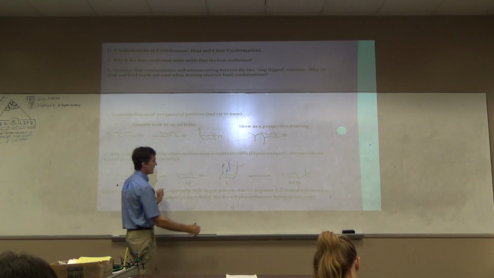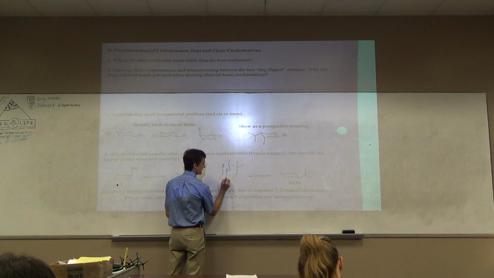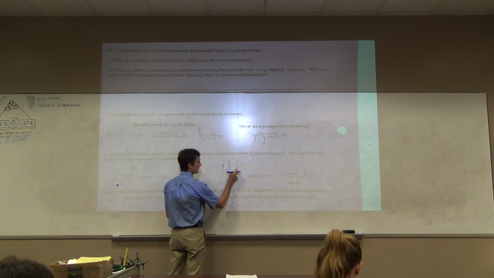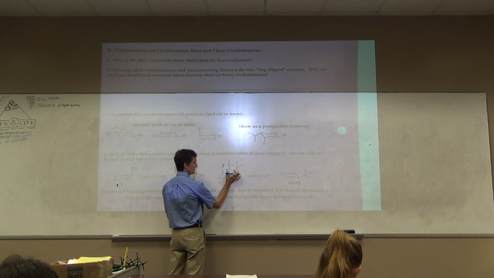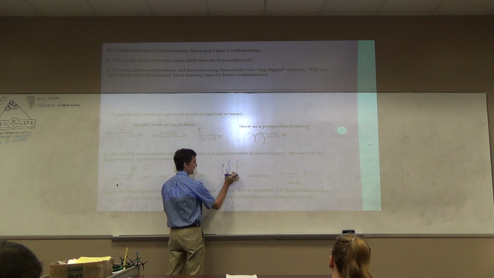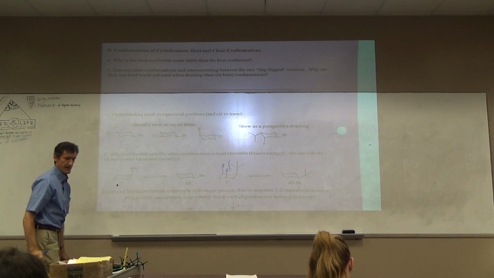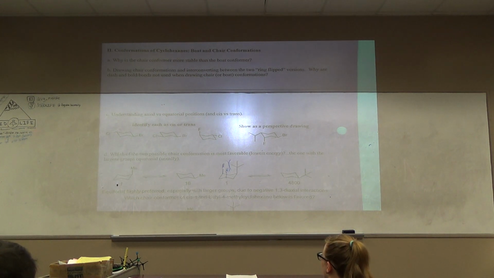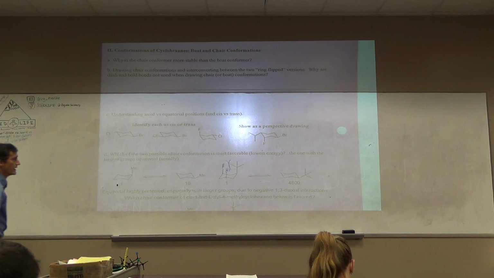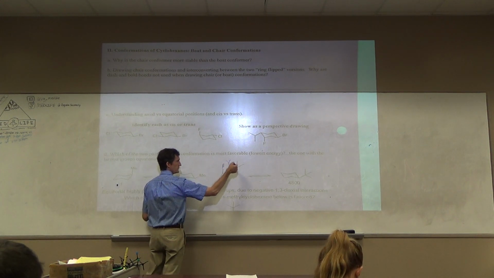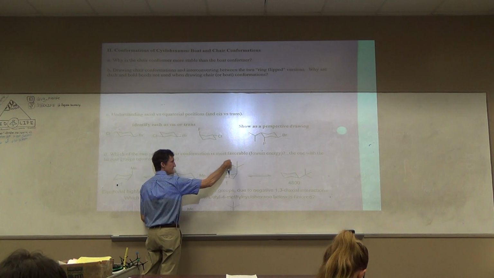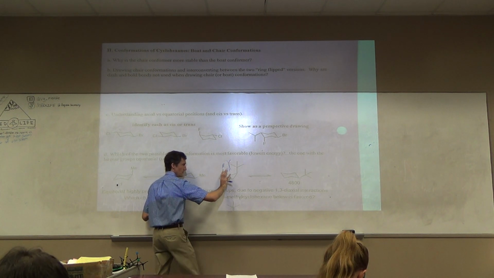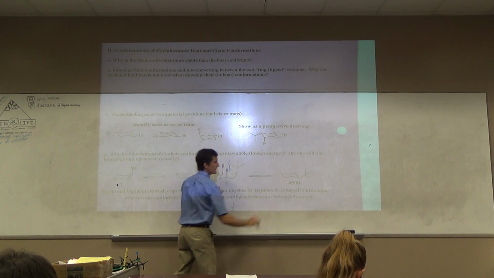This is sometimes called 1-3, because if that's 1, that's 3. 1-3 diaxial, because they're both axial, interactions. Bad. The bigger this group is, the more bad steric interaction you're going to have, and the more prone it is to existing like that.